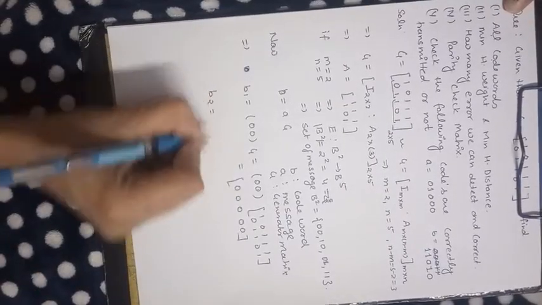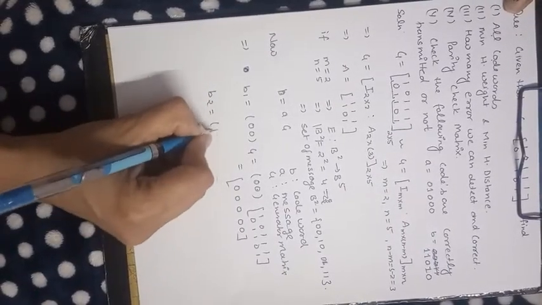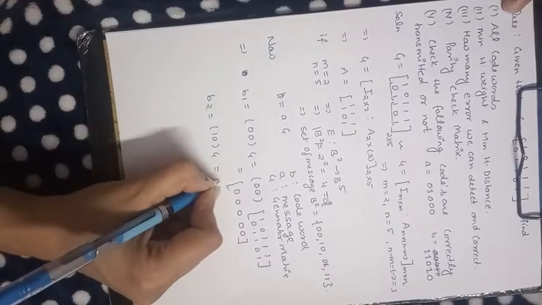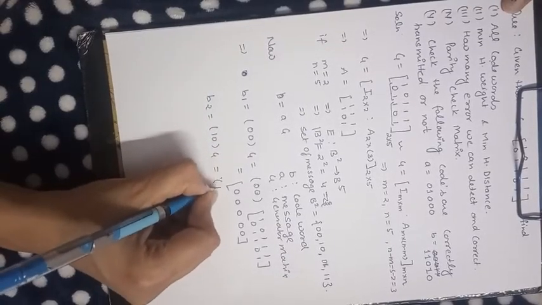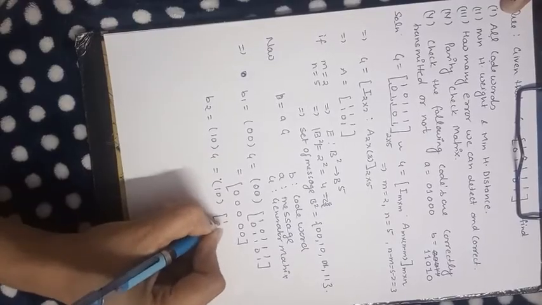Now the next code word, with respect to 1 0: we have to multiply 1 0 by the generator matrix.